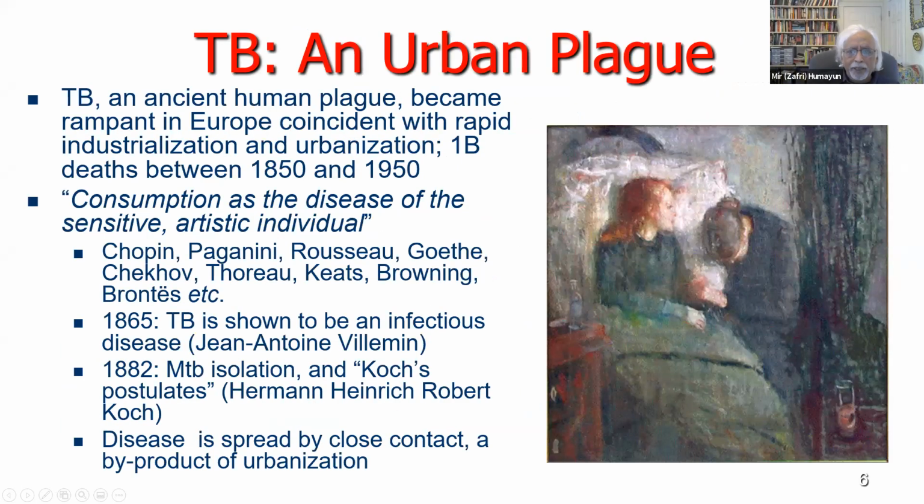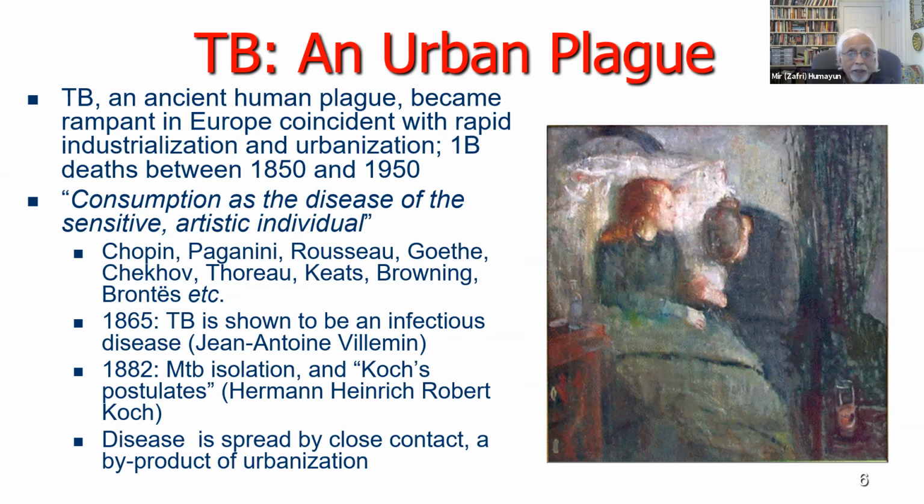Look a little bit at the history of TB. TB, as we mentioned, is an ancient human plague, but it became really rampant in Europe, coinciding with rapid industrialization and urbanization. There were an astonishing 1 billion deaths attributed to TB in one century, from 1850 to 1950.